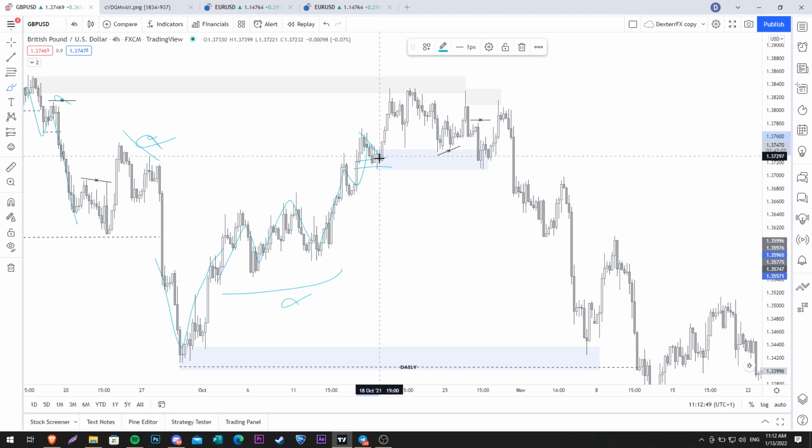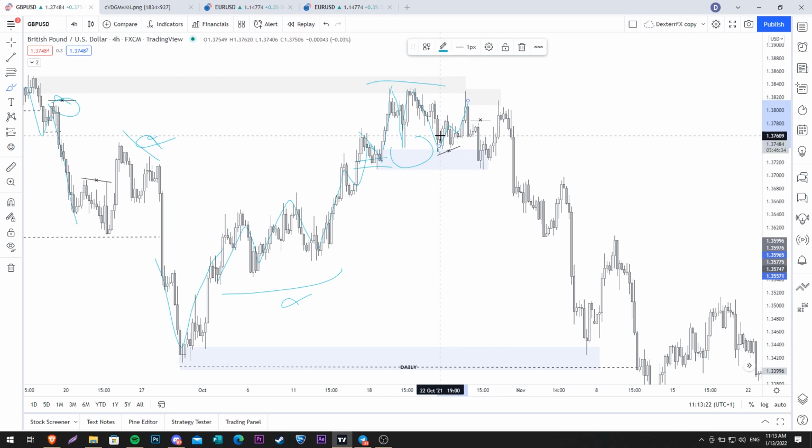Here after, price breaks another time its internal structure, sweeps the structural liquidity point here, reacts to the order block, starts to retrace, makes an equal high here. After, price taps into this demand, comes back into this level, fails to make a higher high.